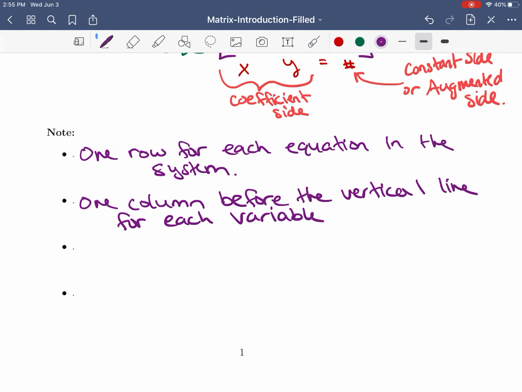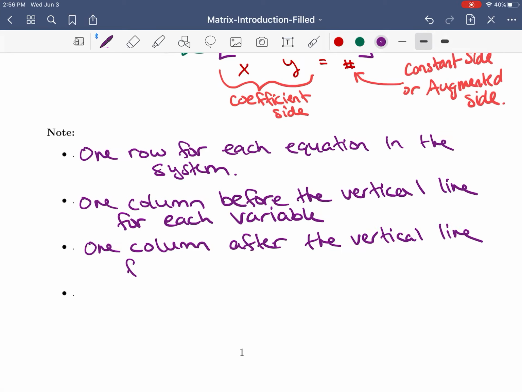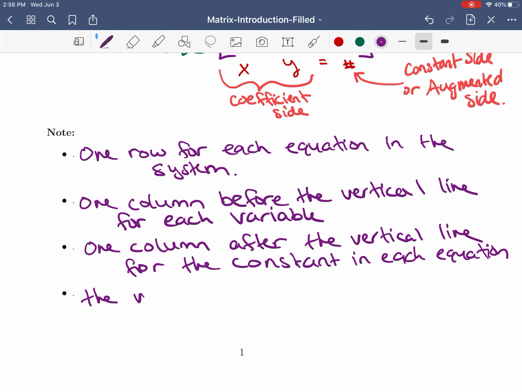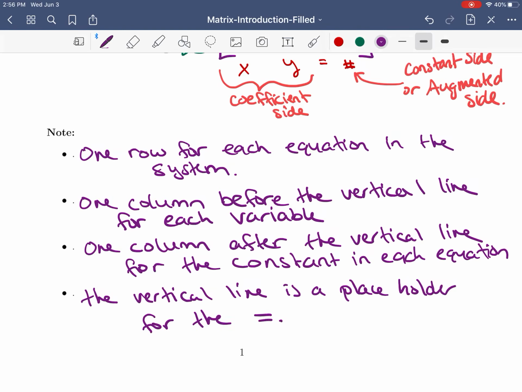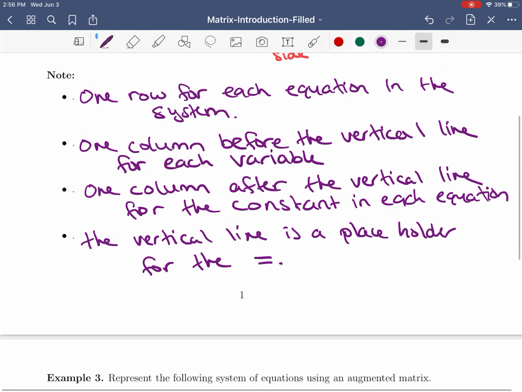And one column after the vertical line for the constants in each equation. And then the vertical line is a placeholder for the equal sign, so for the equality. So that's how we're going to put them in.